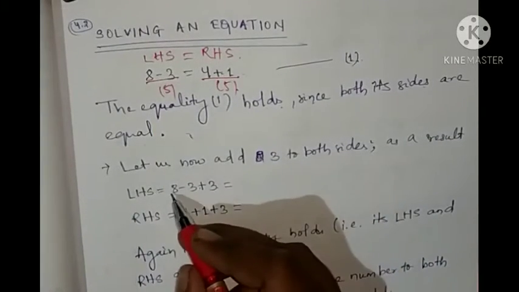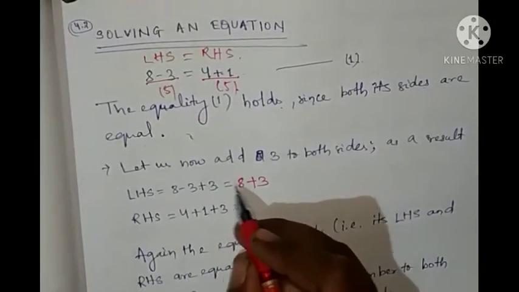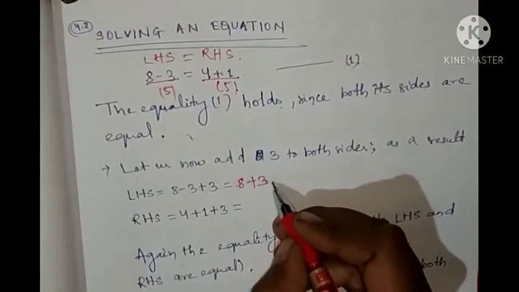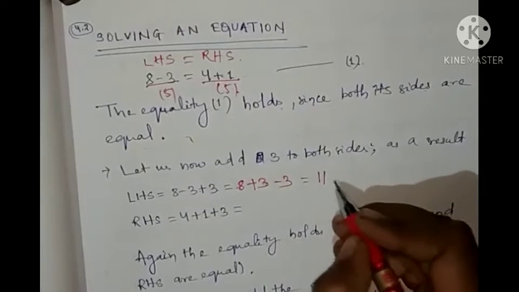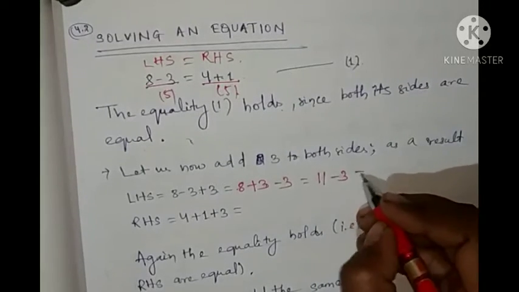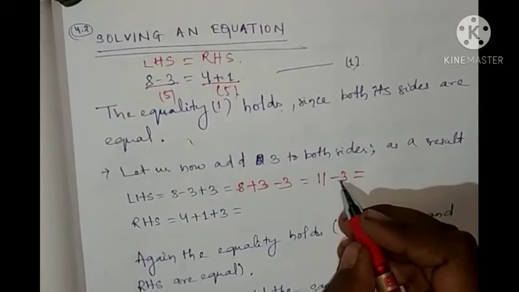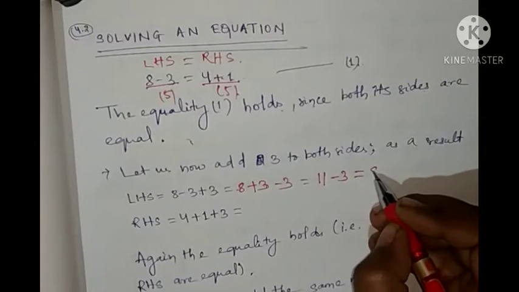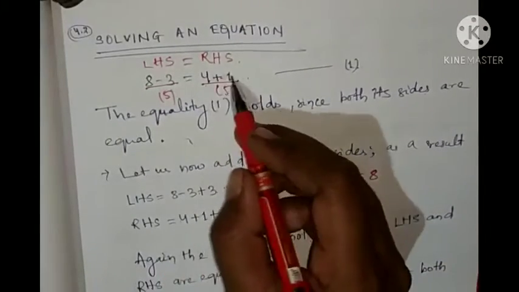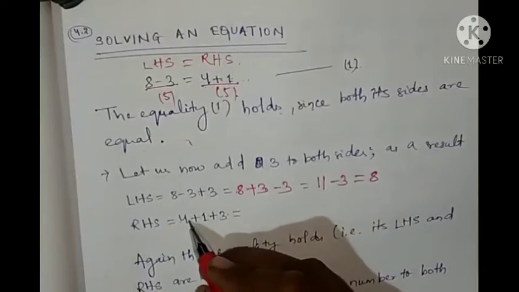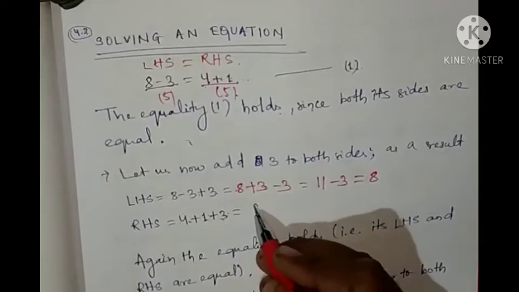We take the positive numbers on one side and the negative number on the other: 8 plus 3 is 11, minus 3 equal to how much? 11 minus 3 is 8. Next, right hand side RHS: 4 plus 1, and we have added 3. All are positive, so 4 plus 1 is 5, 5 plus 3 is 8.